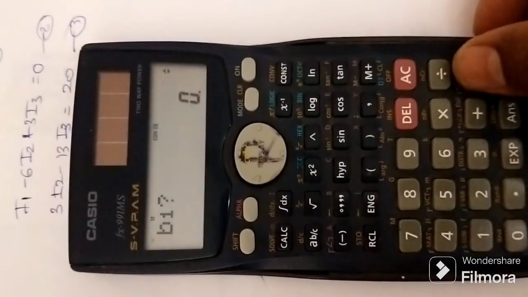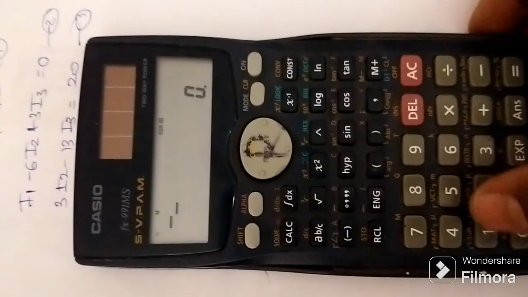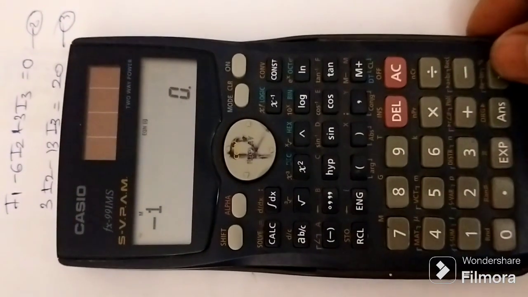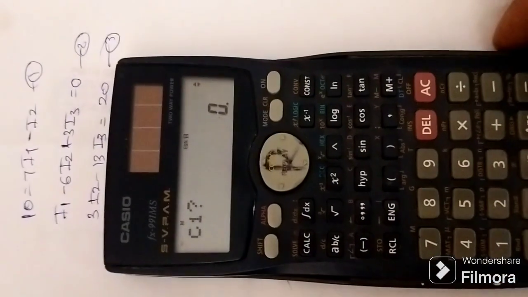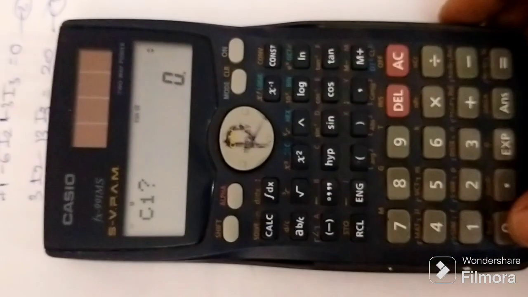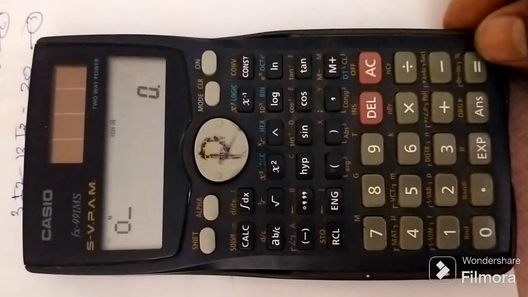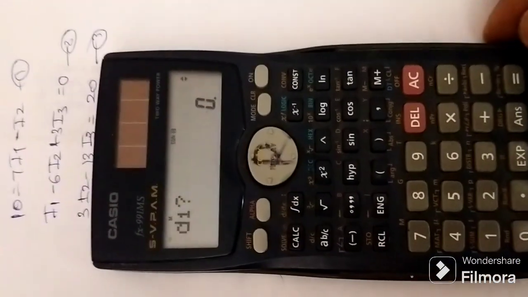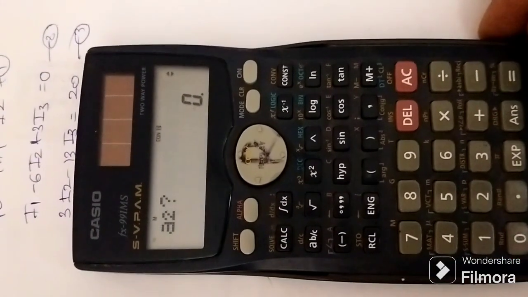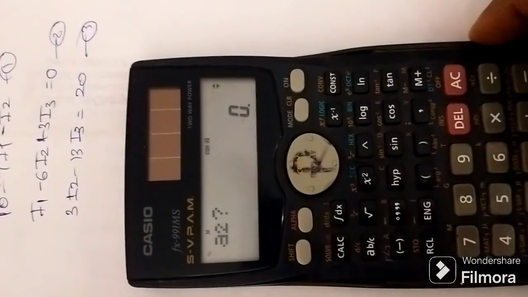The coefficient of I2 is minus 1, so it is minus 1. C1. In equation number 1, we don't have any term belonging to C, so it is obviously 0. And D1 equals what? 10.